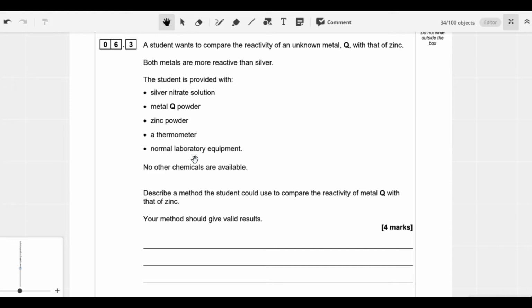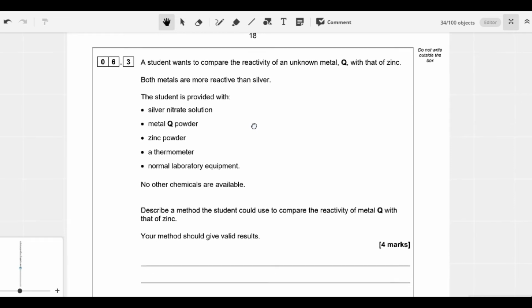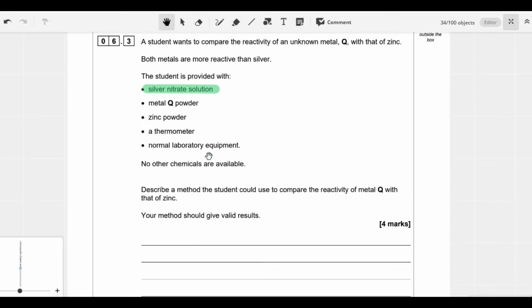So measure the temperature change when each metal is added to the silver nitrate solution, because a silver nitrate solution is present here. Whenever you add the metal to the silver nitrate solution, you need to measure the temperature change.